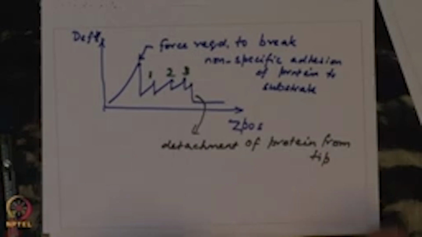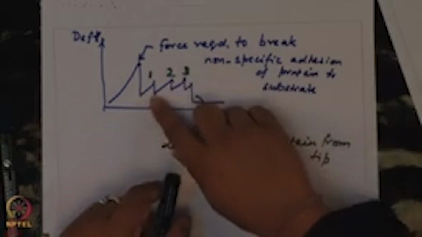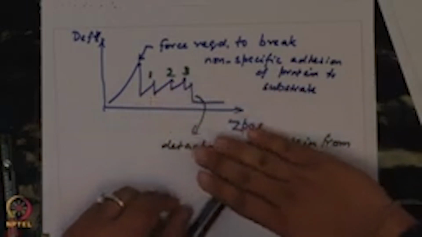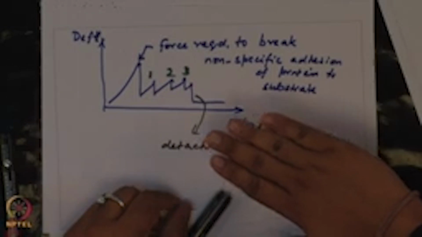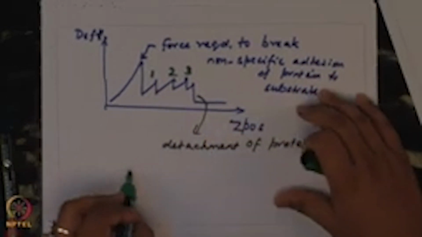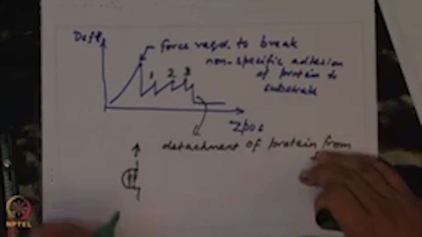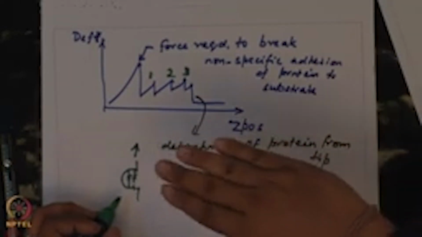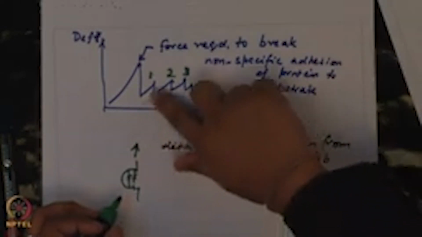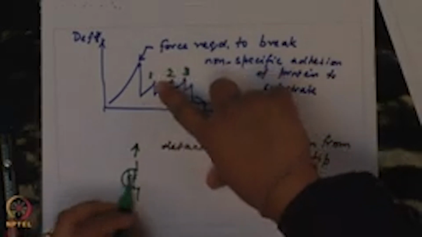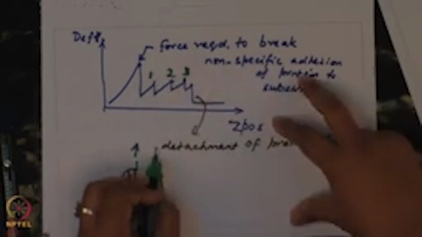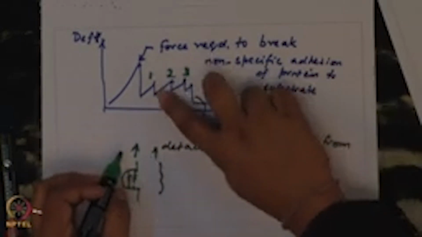Okay. So, if you focus on one particular peak, what you are doing is trying to bring the tip up, up, up. If you assume that you are exerting this force, the bond is getting stretched, stretched, stretched. So, your force keeps on increasing, and at one point, once the bond breaks, there is an instantaneous drop in the force.